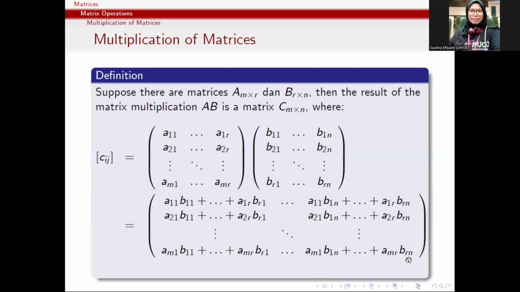And for this last entry of C, we get Am1 times B1r, plus so on, plus Amn times Bnr. Or in general, we can write it like this.